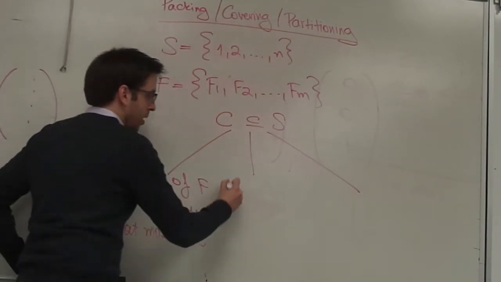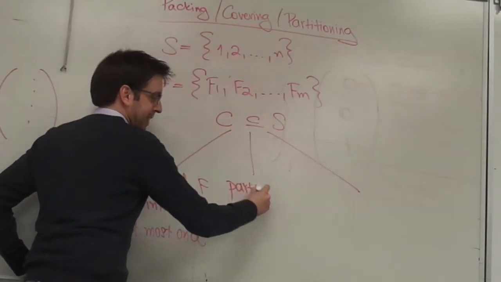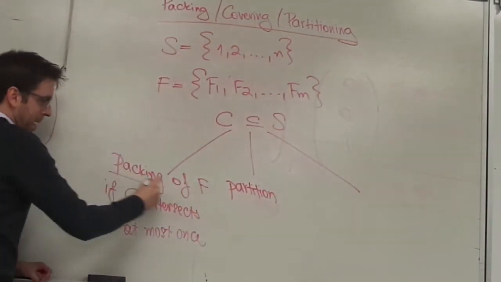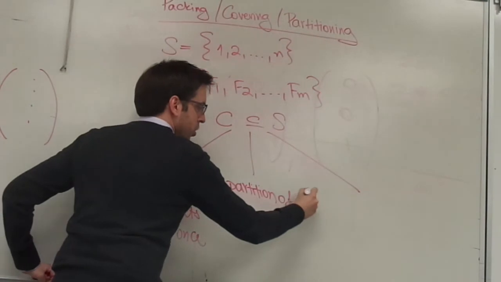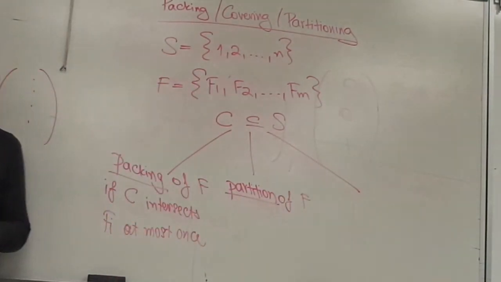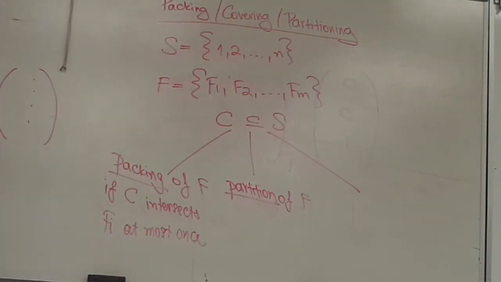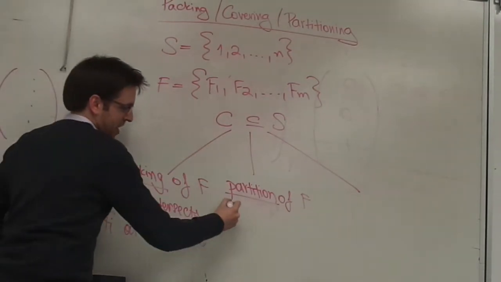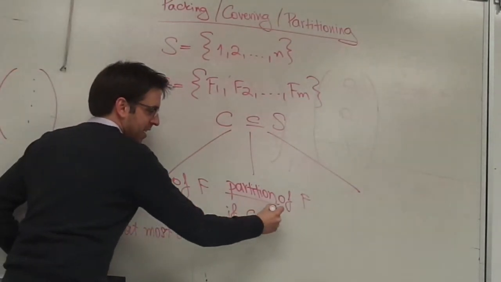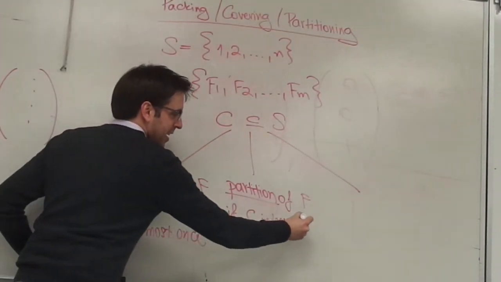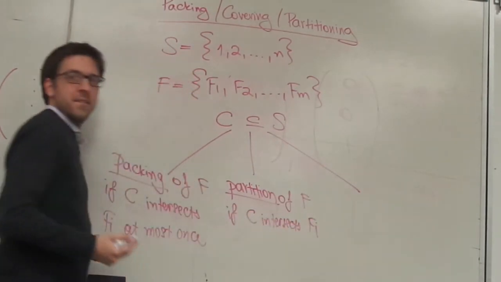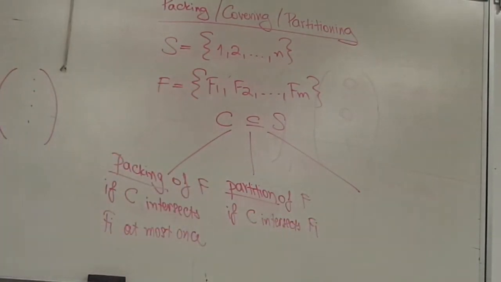We refer to C as a partition. So this is a packing. This is a partition of F. So what do you think happens now? Clearly, I'm going to use the same notation, right? If C intersects each Fi, packing at most once. Partitioning, typically when we partition something, do we have any intersections?